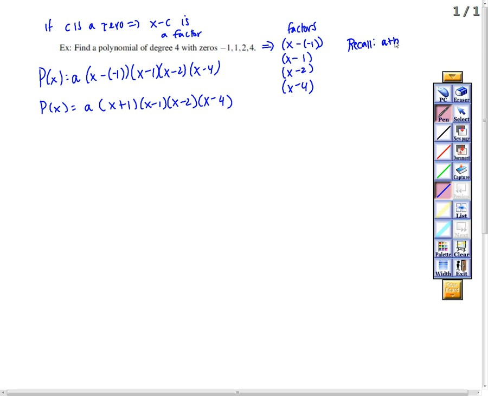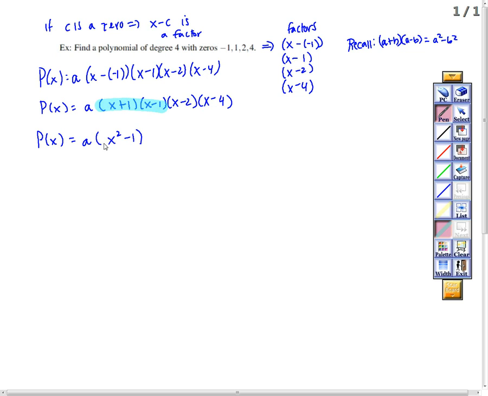I have a plus b times a minus b. I know that's a squared minus b squared. So I have p of x equals a times x squared minus 1. Take the first term and square it, the last term and square it, stick a minus sign in the middle. I'm going to go ahead and FOIL these.